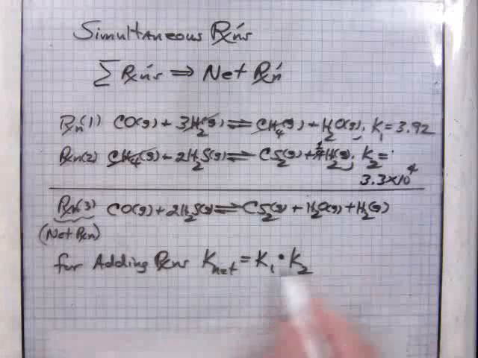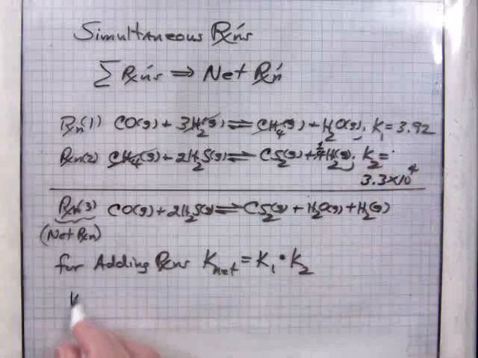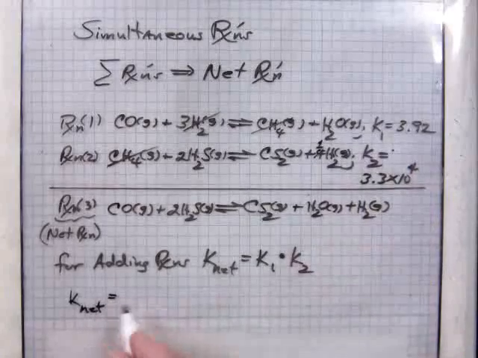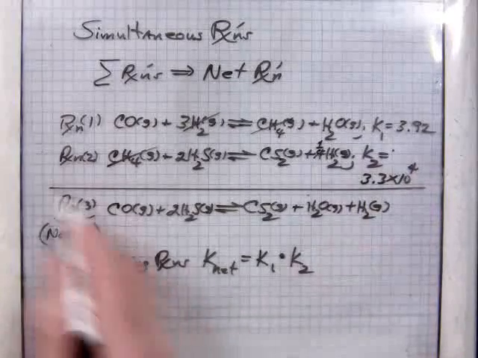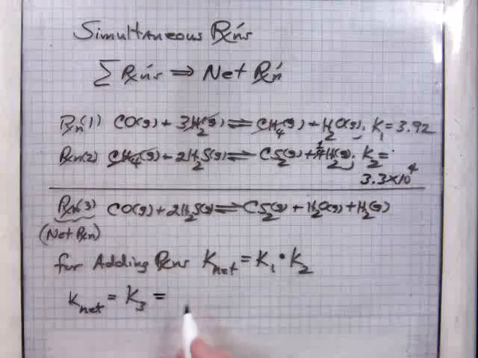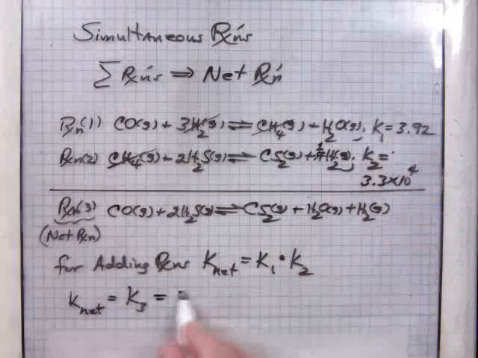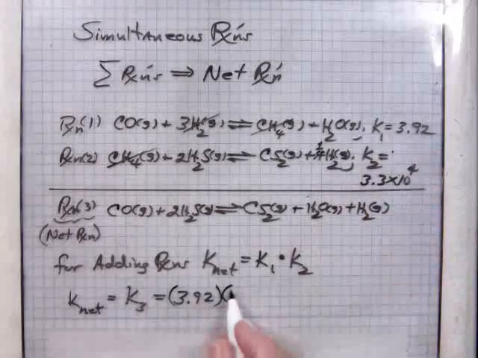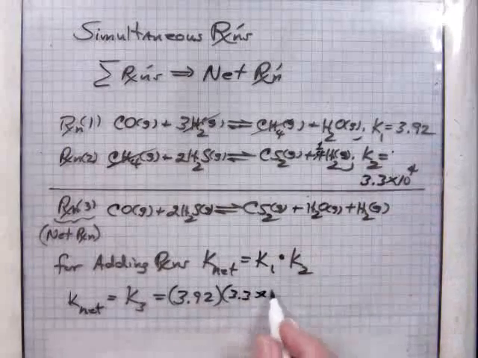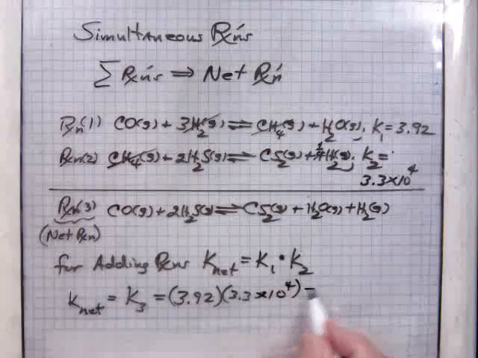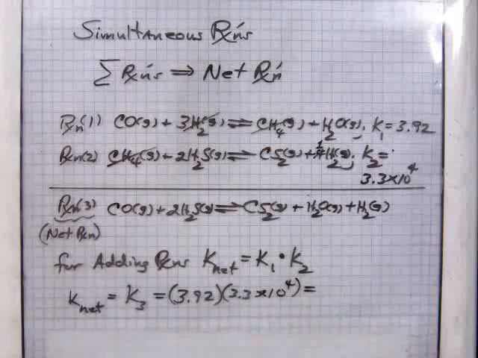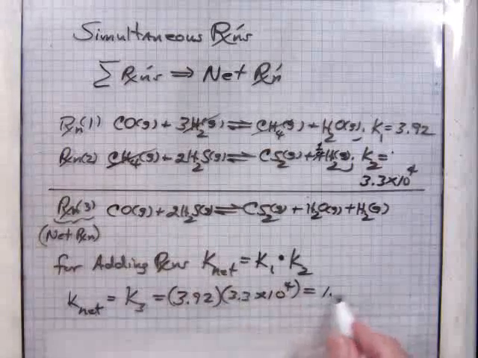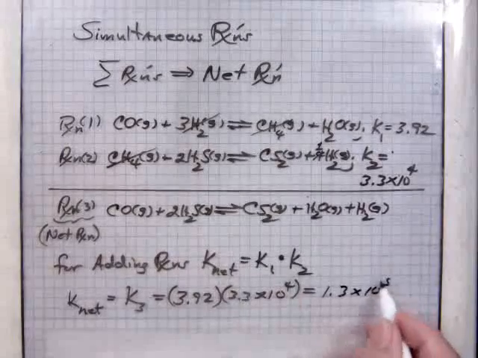Okay, so we multiply the 2 together. The net would be K3 in this case, which would be K1 times K2, 3.92 times 3.3 times 10 to the 4th, which is equal to 1.3 times 10 to the 5th.